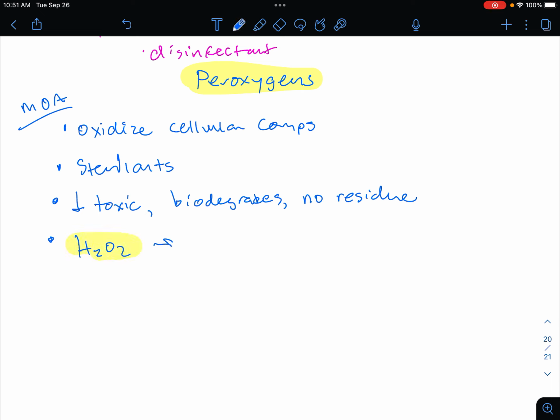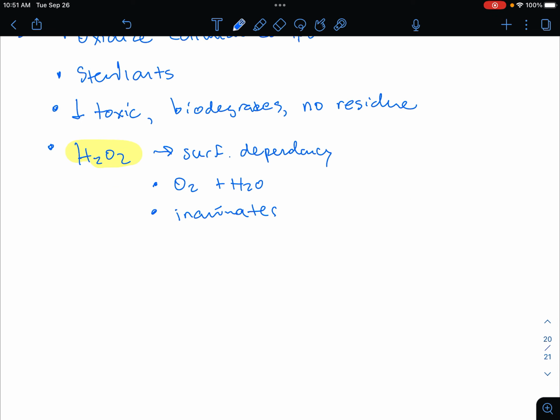And it depends on the surface. So, surface dependency. It breaks down into O2 and H2O. Those aren't very harmful. It's most effective on inanimates. It's best to use hydrogen peroxide on non-living objects.